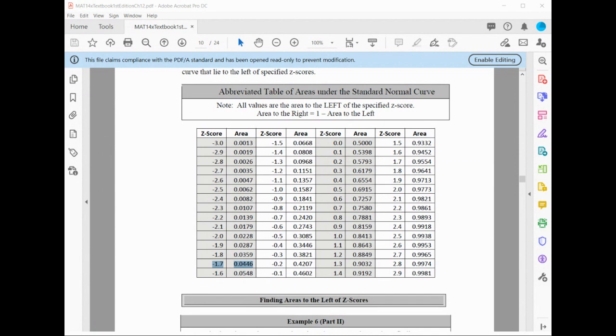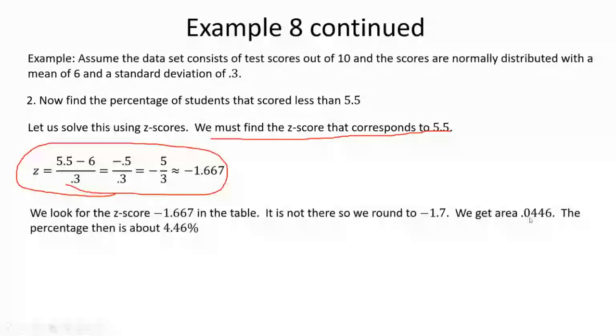So we get 0.0446, and converting this to a percent, you get 4.46%. That's all we get.